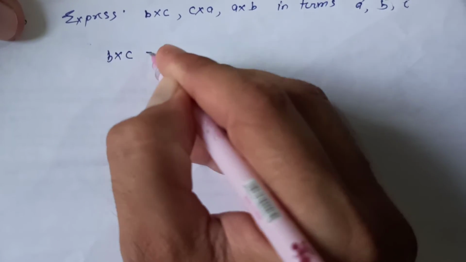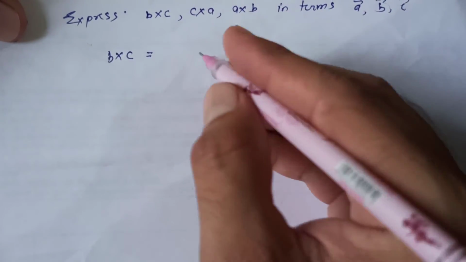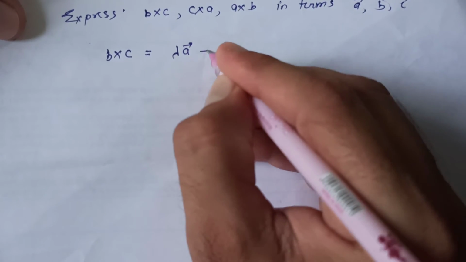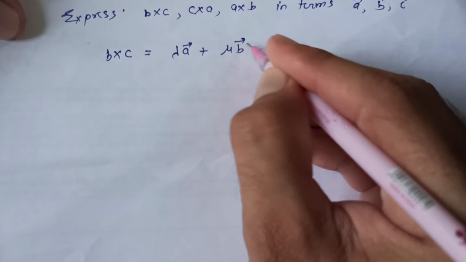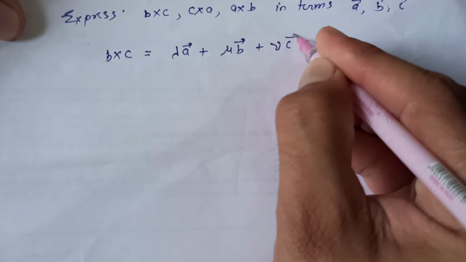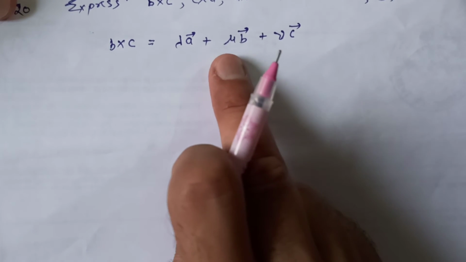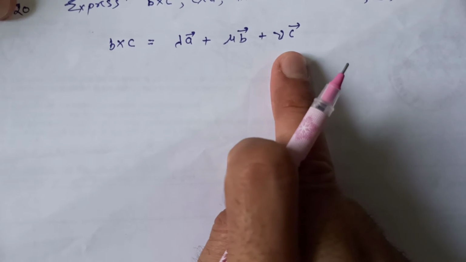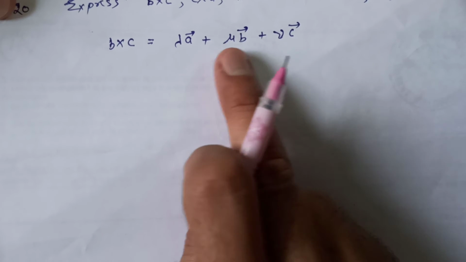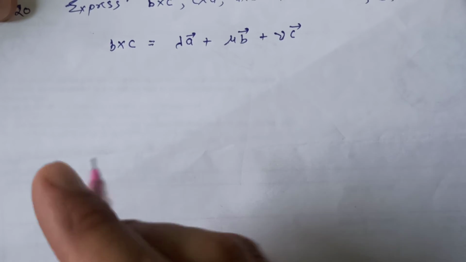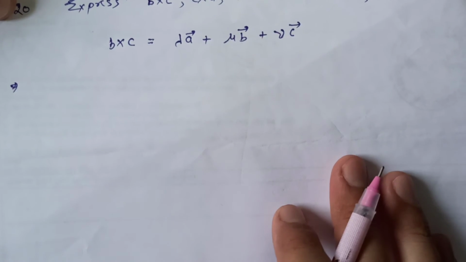Say B cross C can be expressed in terms of A, B, C as some lambda times of A plus some mu times of B plus some nu times of vector C, where these lambda, mu and nu are the scalars to be determined. Let us eliminate two of the scalars or multiples by using vector properties.